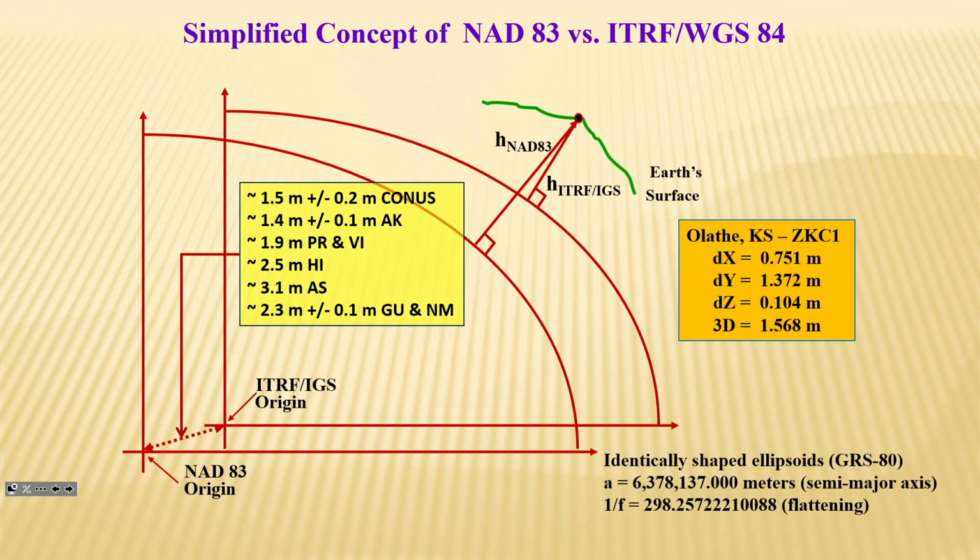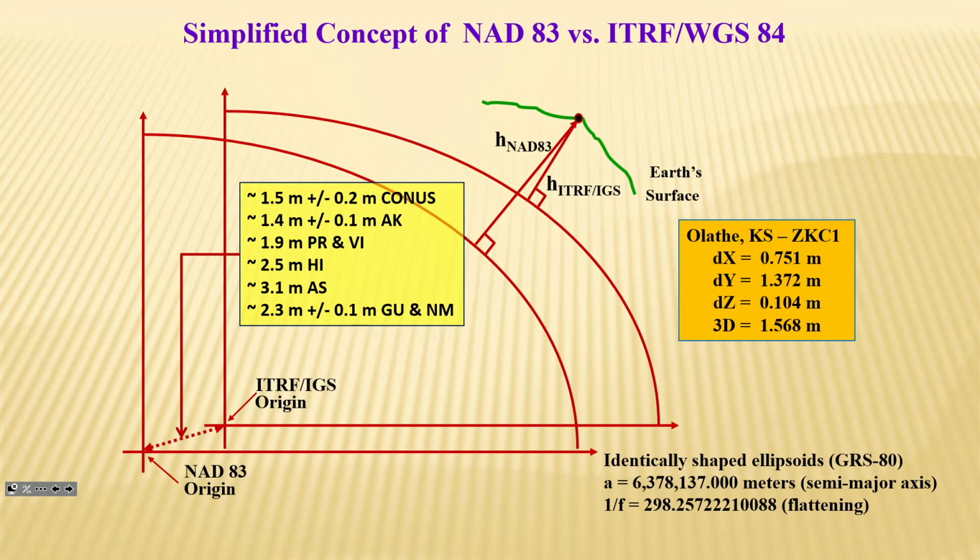And the NAD83, so if I look at the change in X, Y, and Z Earth-centered, Earth-fixed coordinates, it's quite easy for me to show that right here in Kansas, the offset between our best knowledge of Earth Geocenter, which is the ITRF, and our national datum, NAD83, is about 1.5 meters, knocking on the door of 1.6 meters.